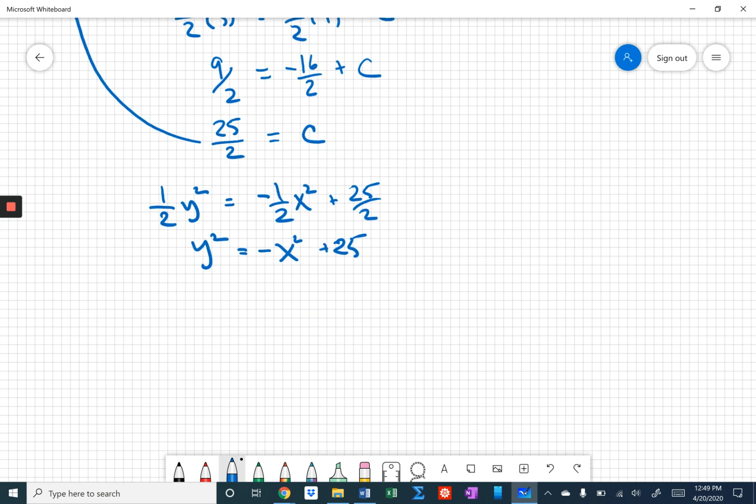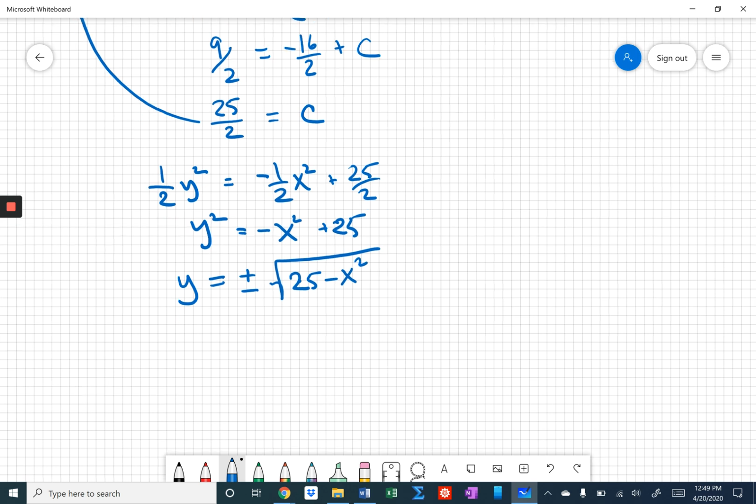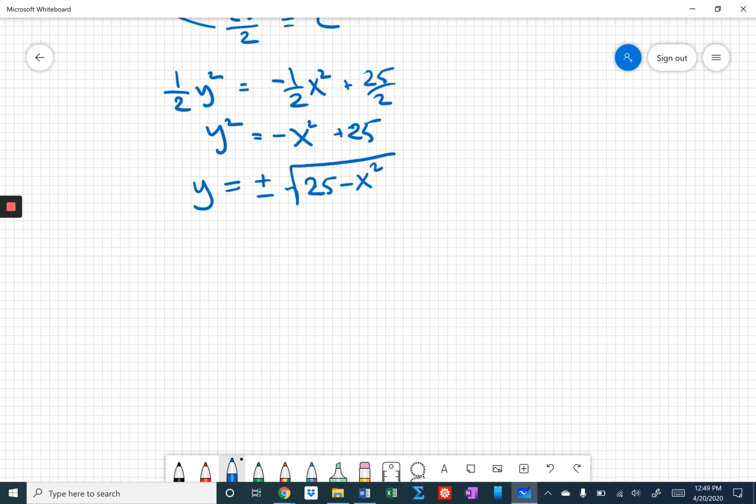And for this, solve. Again, take the square root, so we get our plus or minus. I'm going to reverse this a little bit, and then I'm going to talk about the solutions here for those who maybe don't quite notice what's going on in this example. So we get y is equal to plus or minus the square root of 25 minus x squared.